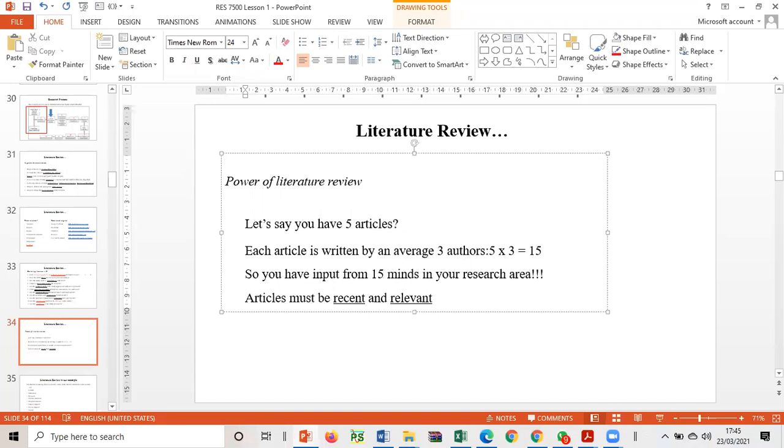Fifteen people's minds, right? How many supervisors do you have? Two. Now, how many supervisors do you have? Fifteen supervisors. It depends on their teamwork, doctor. Doesn't matter. Fifteen supervisors.